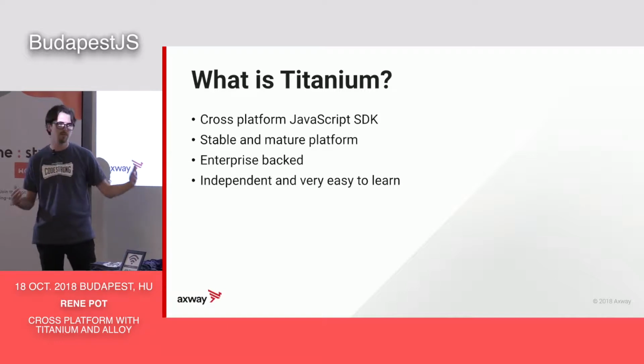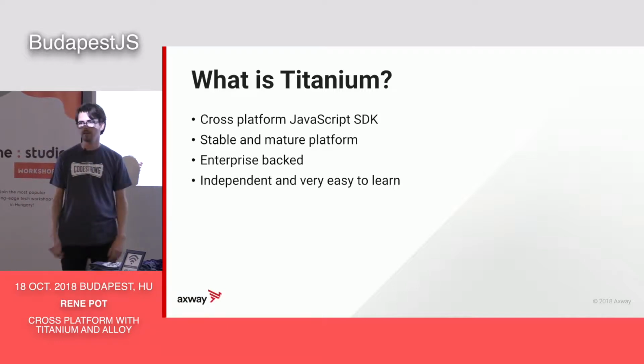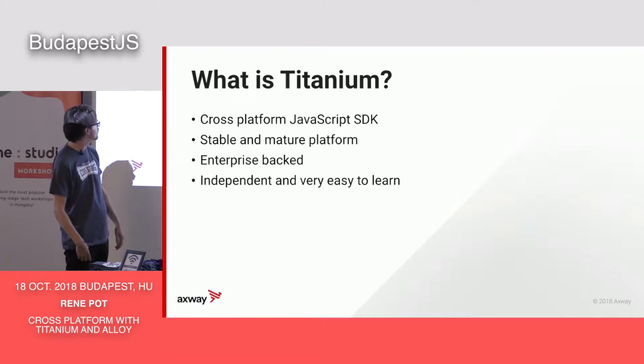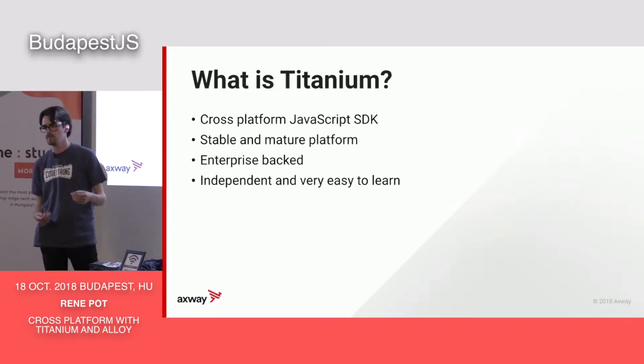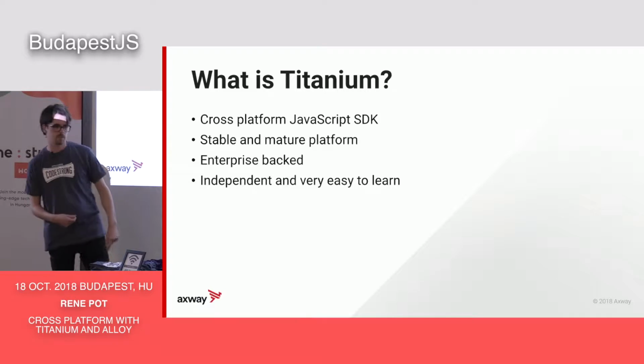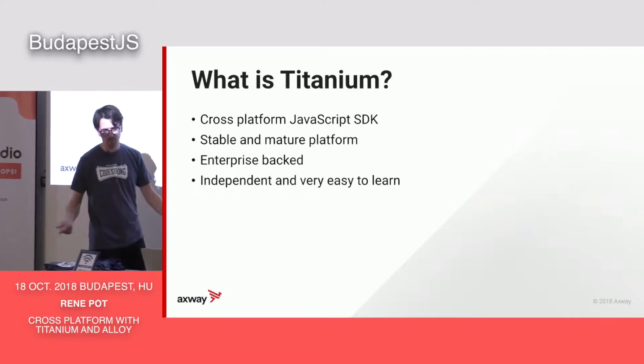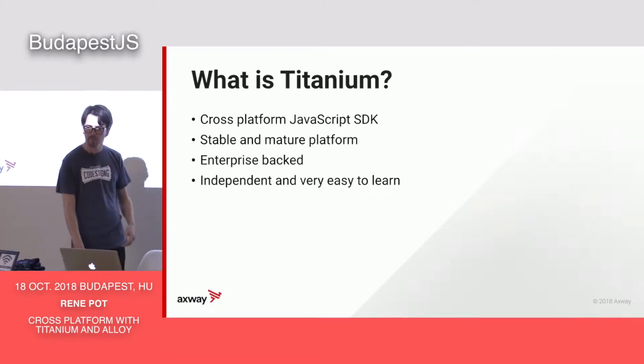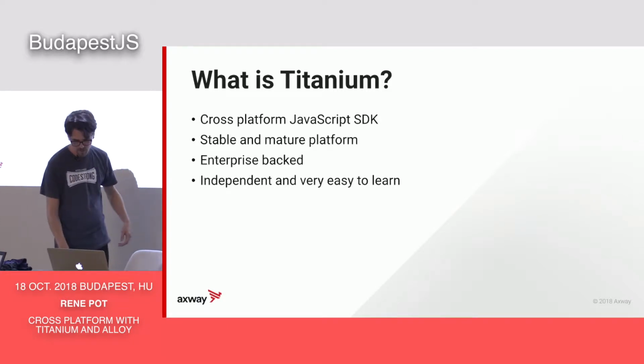It's free. Everyone can use it. You can just download it from GitHub and you can work with it. Because it's enterprise backed, we also have enterprise customers. And they pay a lot of money to get bugs fixed really quickly, and those get open sourced immediately as well. So if you want to use it for free, you benefit from companies that pay a lot of money.